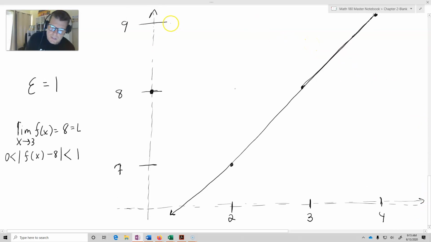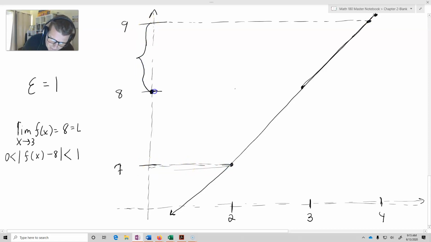All right, so now I'm going to draw in here's my 9, and then here's the one for 7, okay? And so this is the distance epsilon equals 1, and this is the distance epsilon equals 1.